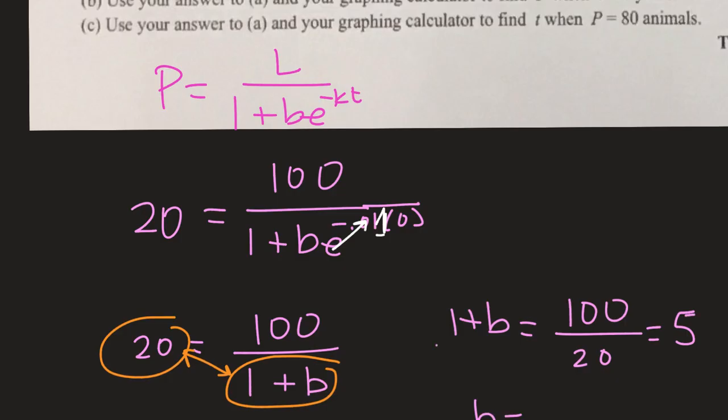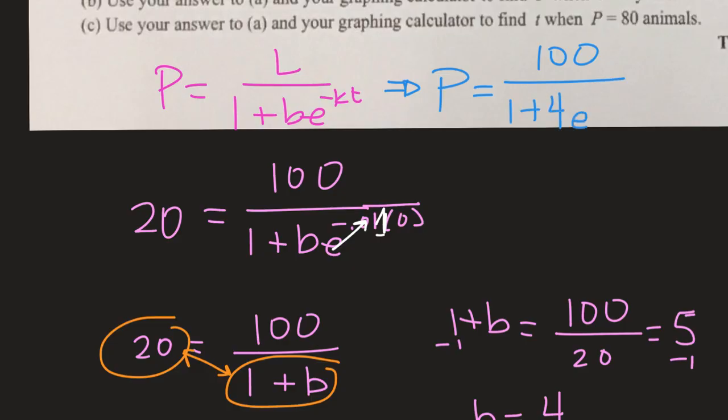So when we subtract 1 from 5, I get a B value of 4. So if we come back up, P equals 100, our L, your carrying capacity, over 1 plus our B value, 4, e to the negative 0.01t.